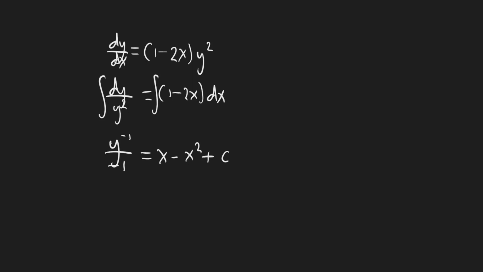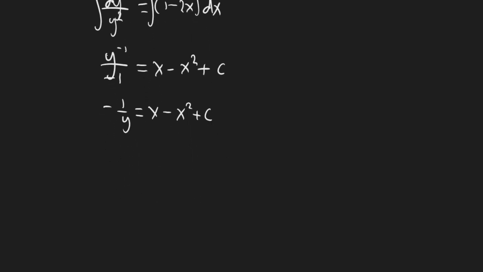Okay, so this is the same thing as saying negative 1 over y equals x minus x squared plus c. So I'll go ahead and put the negative on the other side in order to solve for y. 1 over y equals negative x plus x squared plus c1, where I'll define c1 as negative c, again, just so we have to write less.